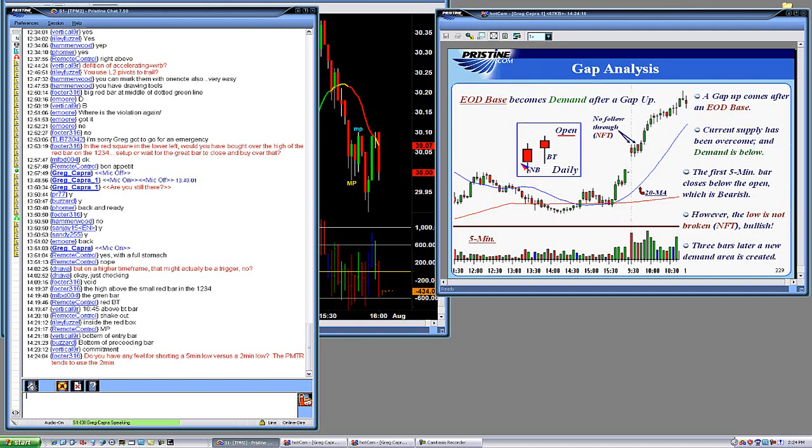I'd say that's a personal choice, whether you use a 5-minute low or a 2-minute low. If the 2-minute low was a red bar, again, look at how things formed based on what we're talking about here as a guide.